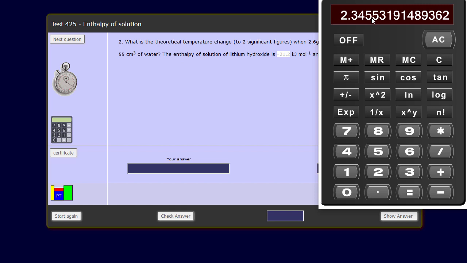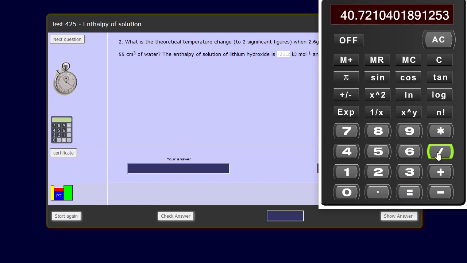Now we know the mass that's being heated up, and we know the specific heat capacity, so we can work out the temperature. We have to divide this by the mass. Now the mass was 2.6 grams and 55 grams, so 57.6, in kilograms, 0.0576.